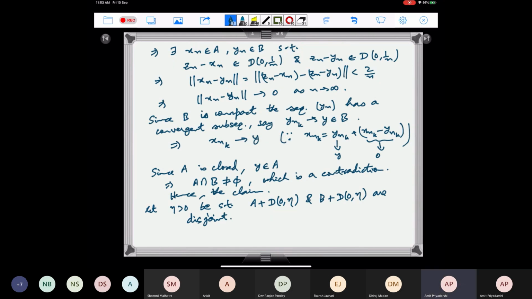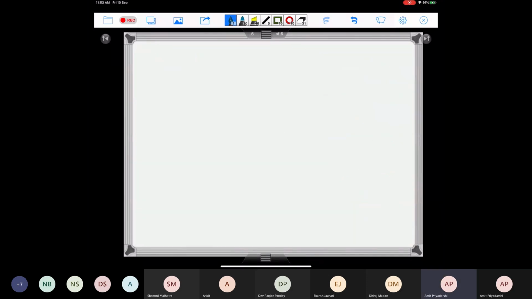So I think I'll just do a corollary to this, and then we can stop. Suppose we have a subspace W of a real normed linear space V. And here we are all working with only real normed linear spaces.